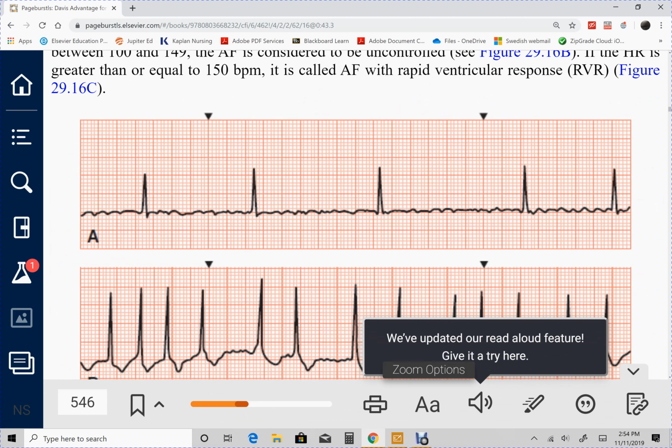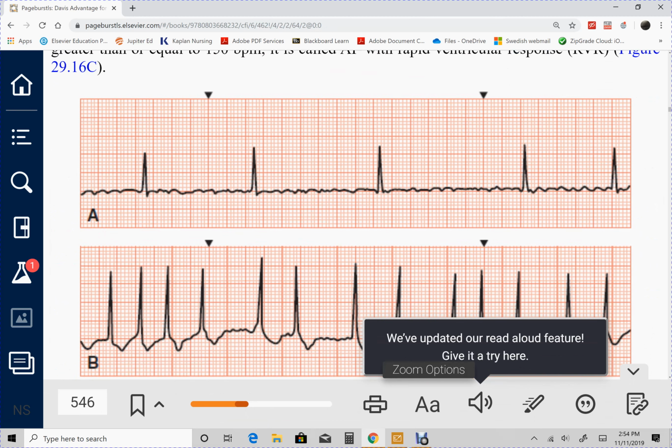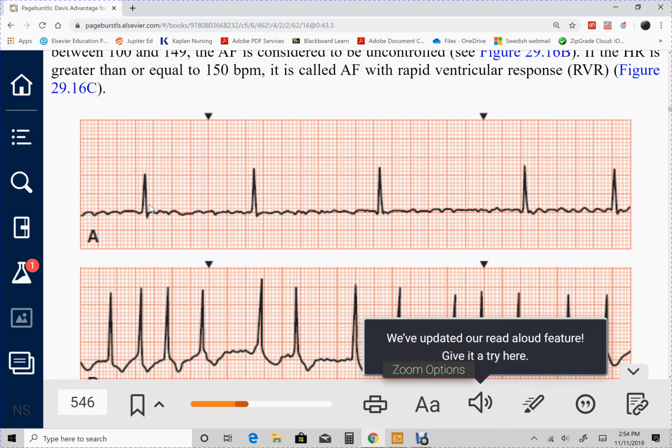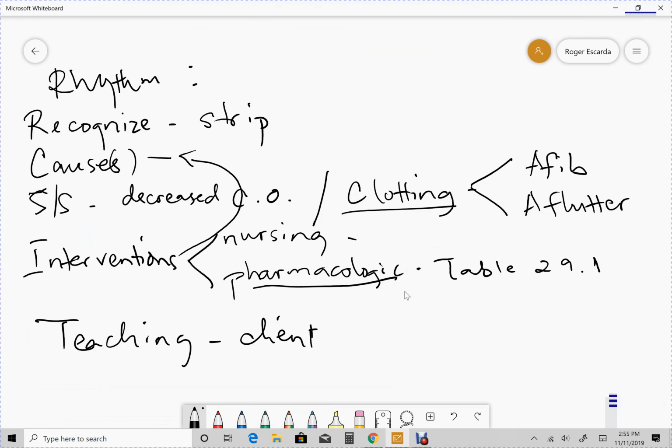This is AFib, and you have different variations. The label here is that it is controlled. So look at your ventricular rate. This will be one of the proofs that the AV node, as we discussed last week, can serve as a gatekeeper, meaning we have 3 pacemakers, correct?